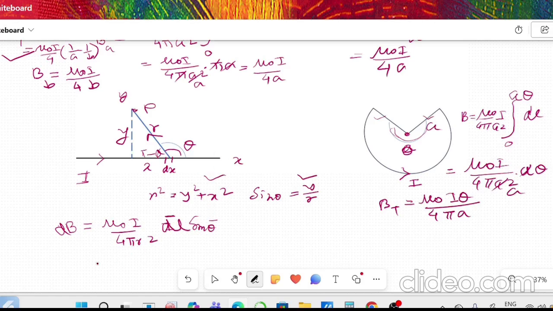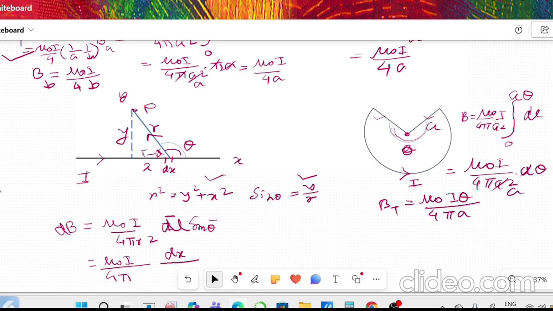So we change it judiciously as we have taken the wire along the x-axis. So we write mu 0 I and 4 pi here, and dl becomes dx because it's taken along the x-axis, and r square.